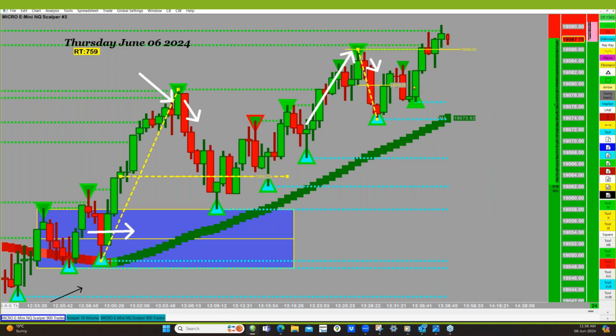If you entered at that to the upside, you'd be in some money. And how do you know that? Well, you'd be trading with the direction, the simple direction, right? The simple direction has moved positive, or to the long side.